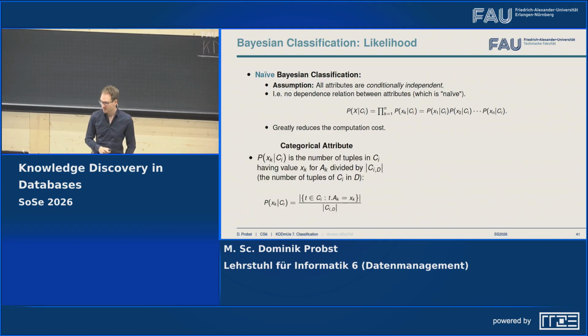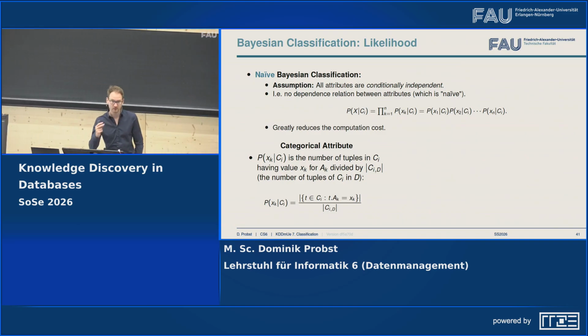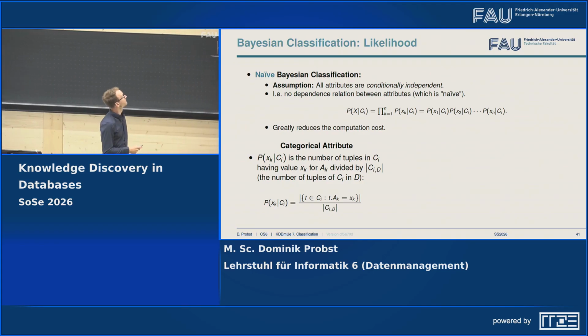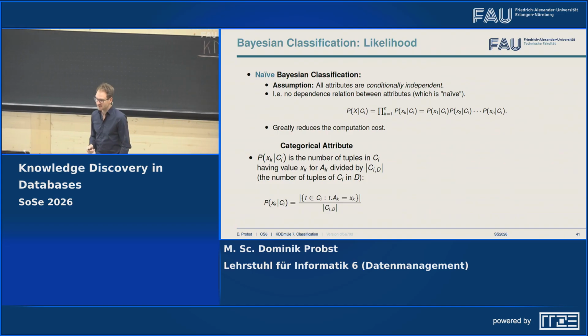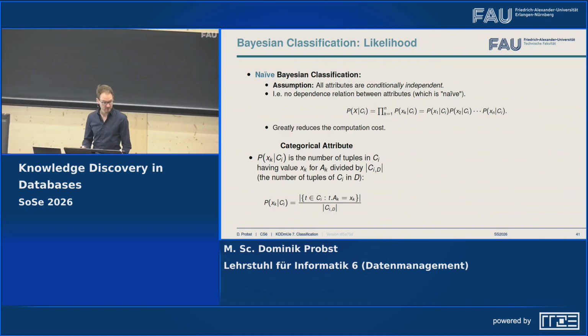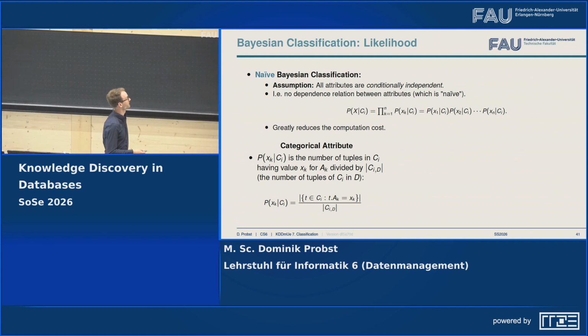We can calculate the likelihood, so the first part, in two different ways. For a categorical attribute, we can simply take a look at the number of tuples in Ci divided by the total number of tuples in this class.